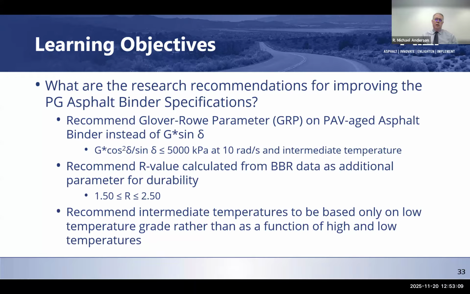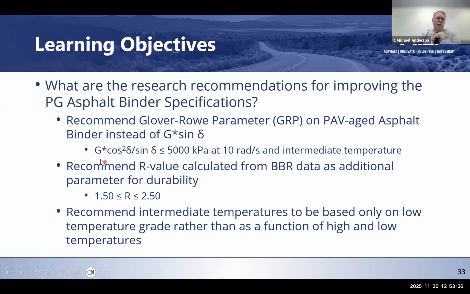Because you're using the same measurements, variability can happen in only two areas, and that's in G star determination and in phase angle determination. So when you have a term like G star times sine delta, which you see here, you've got an error in G star and an error in delta, and you're going to have a certain error that comes about in G star times sine delta.